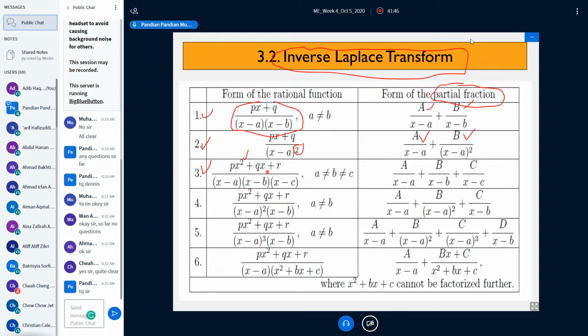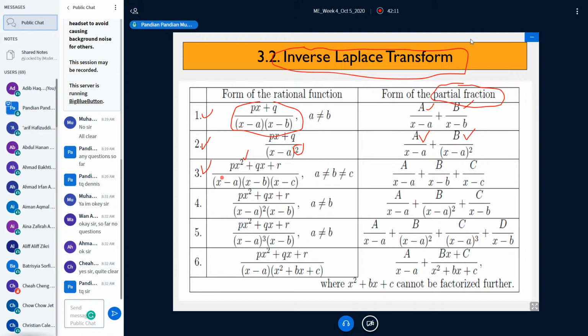Now this is a very interesting formula because a, b, c all are not same. These are the non-repeated terms. So if you want to decompose, A over x minus a, B over x minus b, plus C over x minus c. You can see the difference. Number 1, number 2, number 3, all are different.